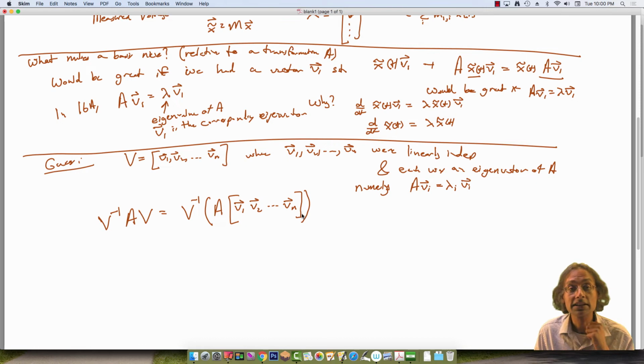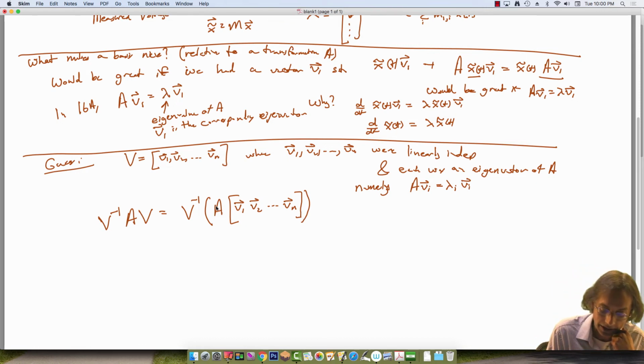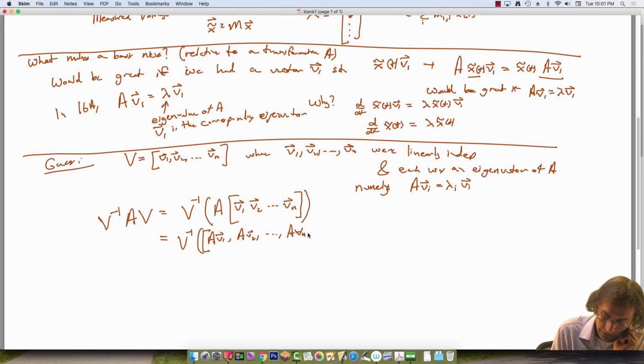Now we recall from 16A, what does matrix multiplication mean? When you multiply a matrix by another matrix, what you're really doing is taking every column in the second matrix and multiplying it by the first matrix, and then taking the matrix that consists of those columns, one after the other. So this is just equal to V inverse times the matrix A v1, A v2, all the way up to A vn.